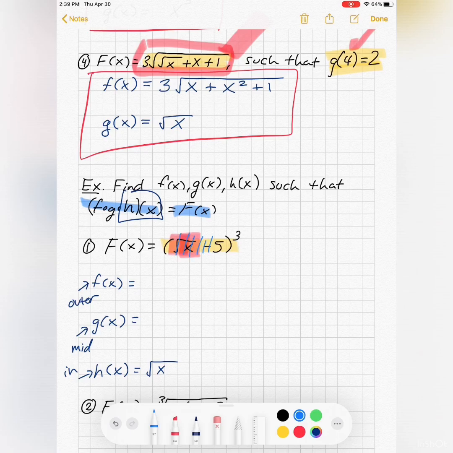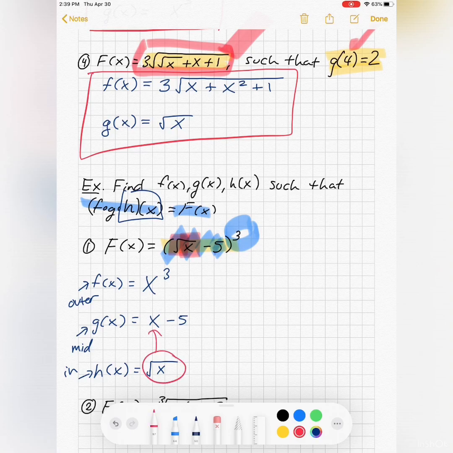What would I do with that next? I'd take that quantity and subtract 5, right? Once I had done that, the last thing I would do would be to take that quantity and cube it.